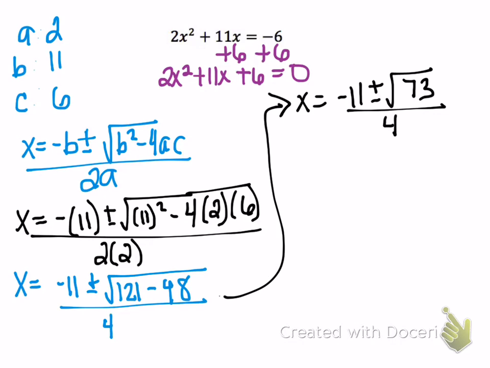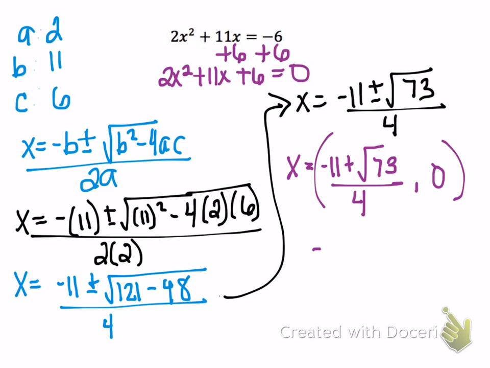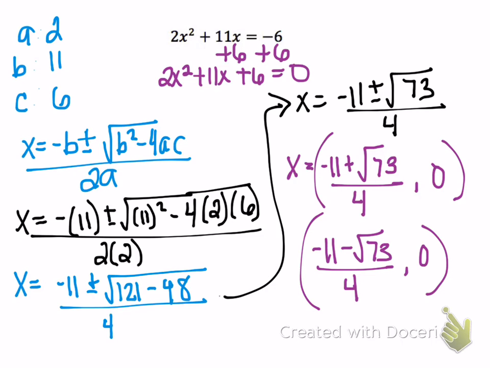If I'm asking for the exact answers of the x-intercepts, I would want you to write it like this. Okay, so that's how you would give me the exact answer.